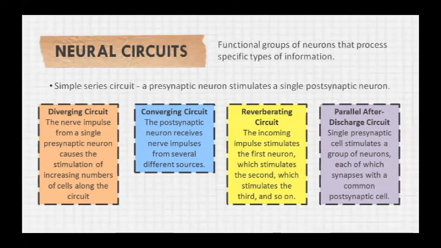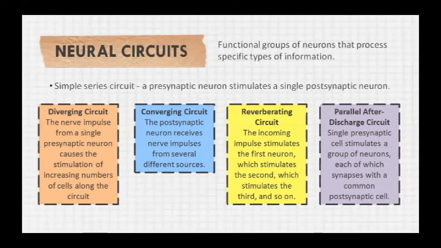So this is in comparison, or opposing, with the diverging circuit, because in the converging circuit there are a lot of presynaptic neurons, and there is only one postsynaptic neuron.